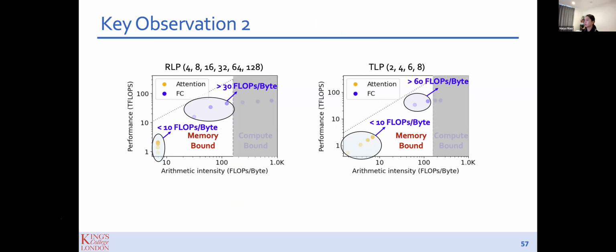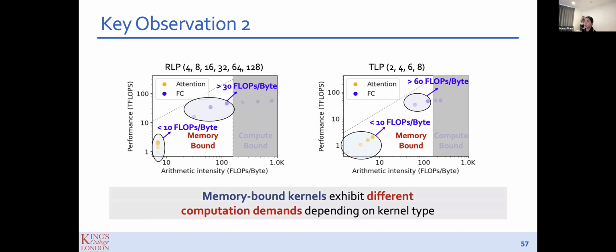And at the same time, for the TLP result, we have the same thing. Even though they are all memory bound, they require different kinds of bandwidth and computation abilities inside the PIM units. So the memory bound kernels also have different computation demands depending on the kernel type, right?